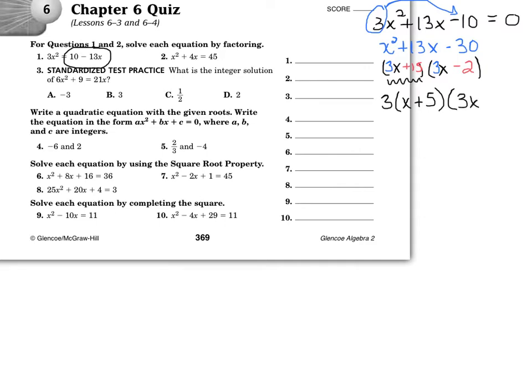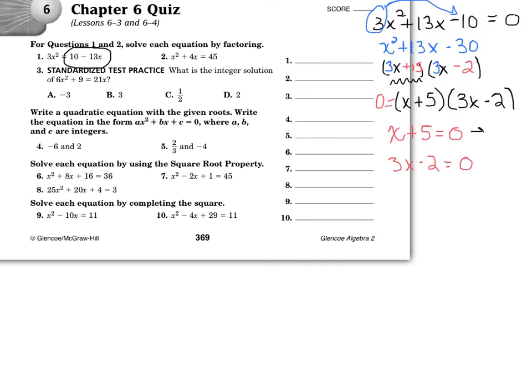Now here's the fun thing with kidnapping and these fakes. When you find a fake person in your life, you get rid of them. So I'm going to get rid of this 3 because it was a fake. So now, by the zero product property, I can set my factors equal to 0. So I have x plus 5, and I set it equal to 0. And I have 3x minus 2, and I also set that equal to 0.